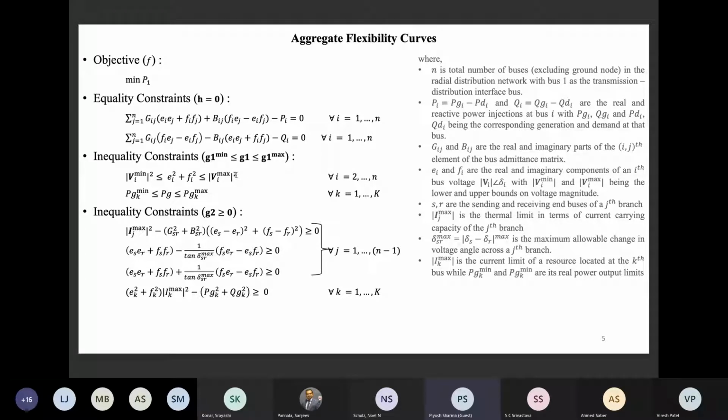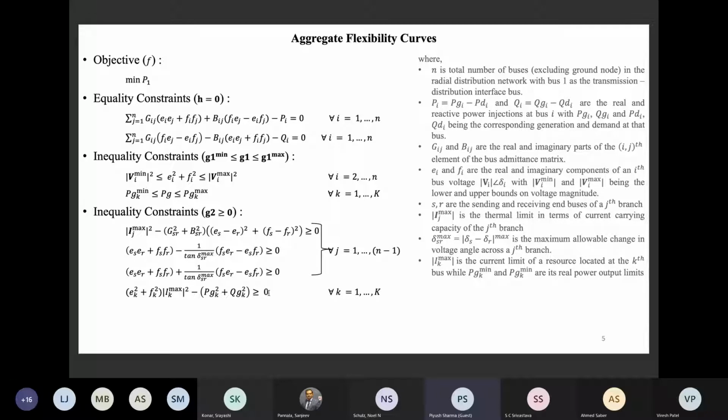Inequality constraints: the first one represents the operating limits on voltage magnitudes. The second one represents the limits on real power output of different distributed generators. And the other inequality constraints are limits on current flowing through branches, the limits on angle difference across two ends of a branch, as well as the armature limit of a distributed generator.